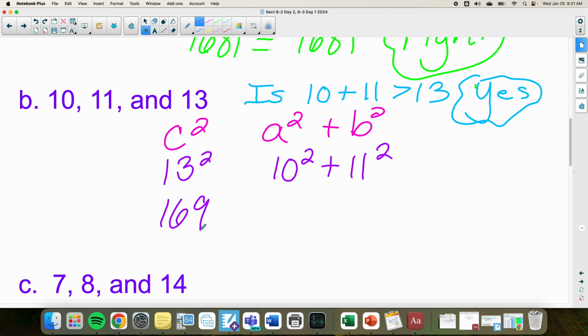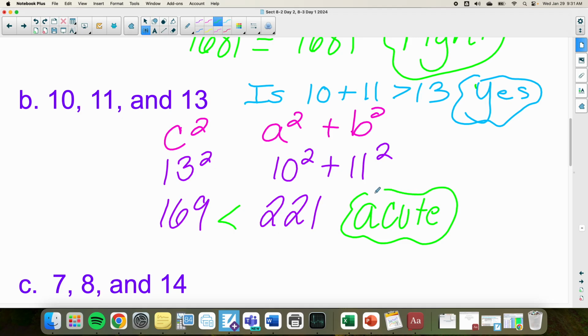This would be 100 plus 121, so it'd actually be 221. And what sign goes in between there? It would be less than, right? So if it's less than, what kind of triangle do we have? Acute. So equals means it's right, less than means acute, greater than means obtuse.